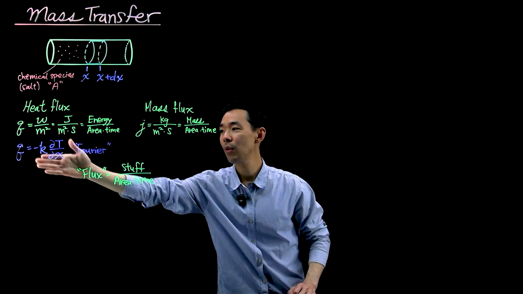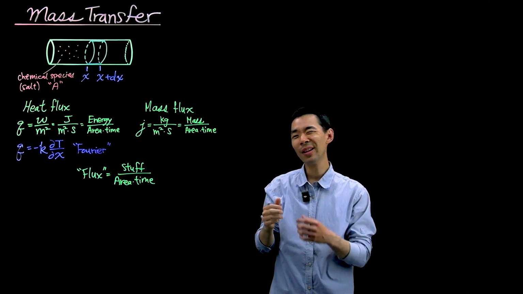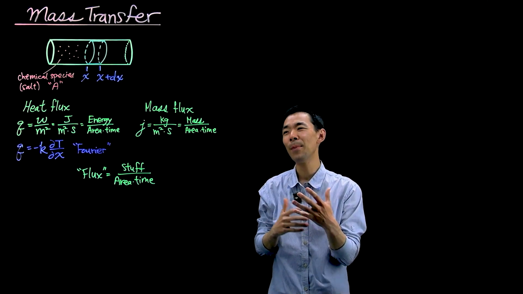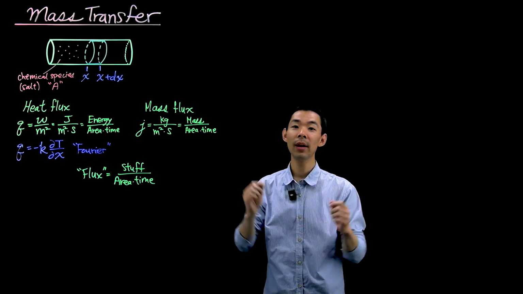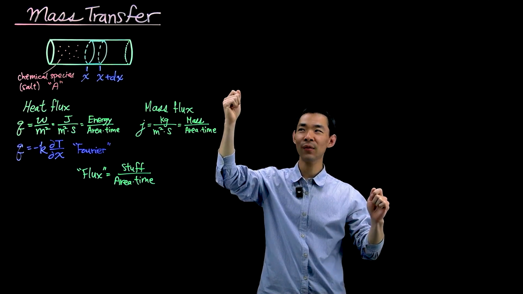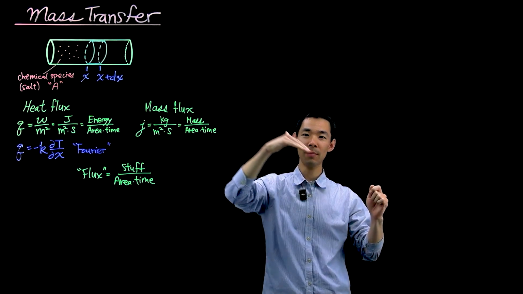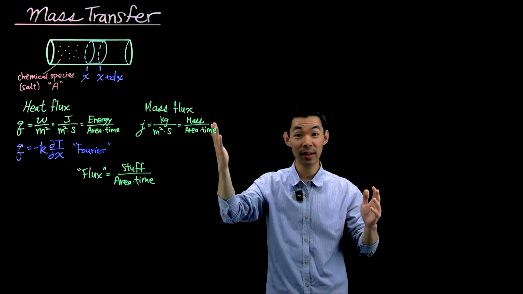Now, in analogy with Fourier's relation, you can kind of guess what that mass flux may look like. Suppose you wanted to measure the mass flux of some chemical species across some material, similar to conduction.